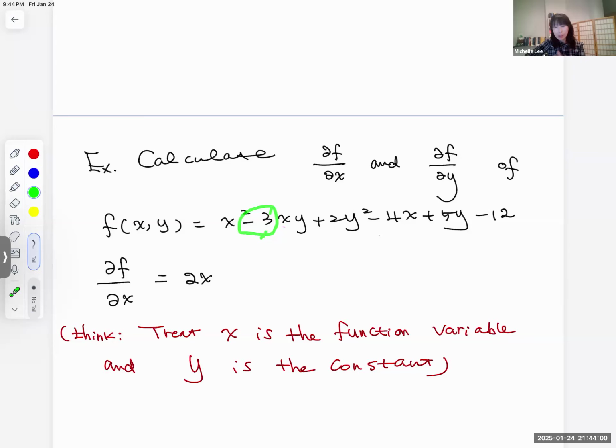So negative 3. Then y is also constant. Think about this as 100, right? Then negative 3 times 100. What's the derivative of x? It's 1, right? And we keep only the constant. Make sense? Okay, so there will be negative 3y.